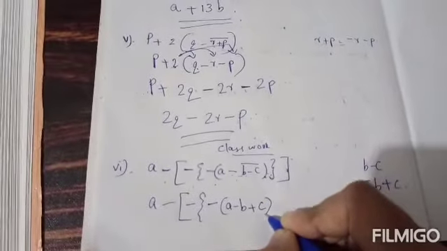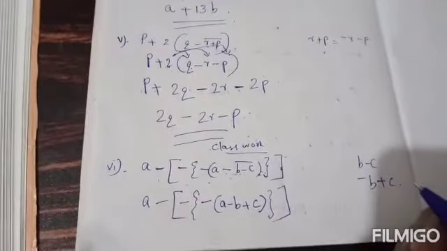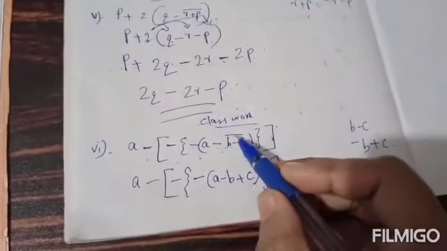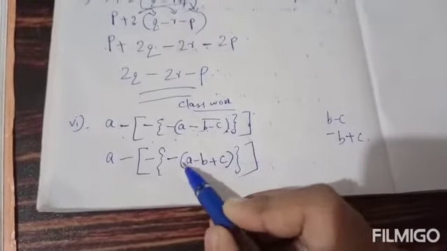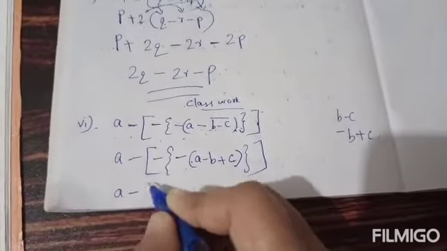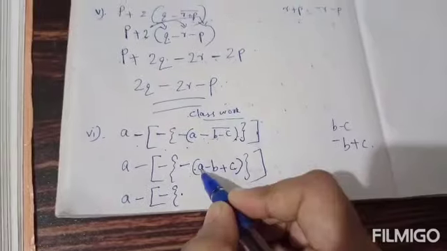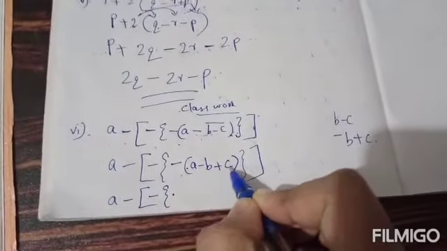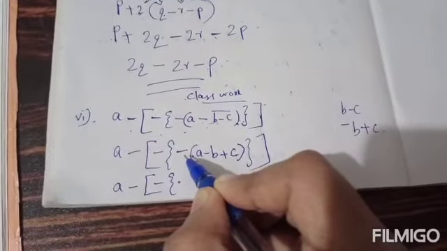Now small bracket is there, curly bracket is there, square bracket is there. Okay, only bar bracket is opened. Next we can open the small brackets. So a minus, then opening this small bracket, here before this bracket also minus sign is coming.